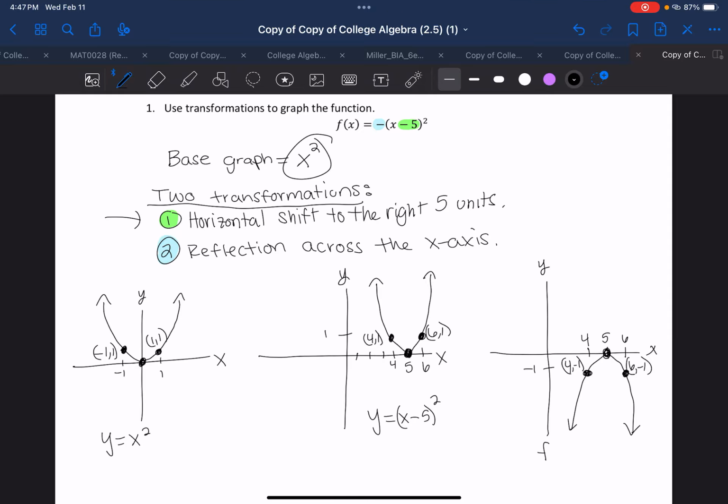So this is my final graph they wanted me to find. Final answer. This is what you would actually graph. So you can always do these by hand on paper, get a good idea, and then graph the final one in Pearson.